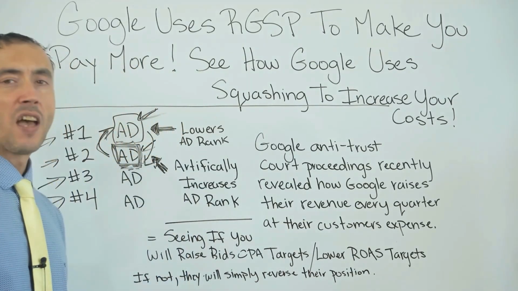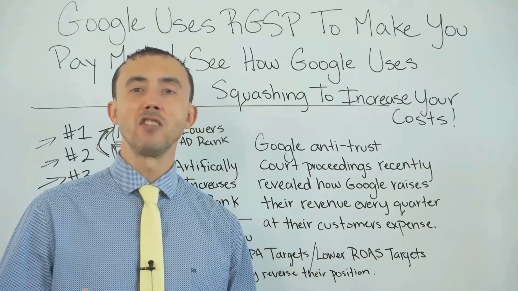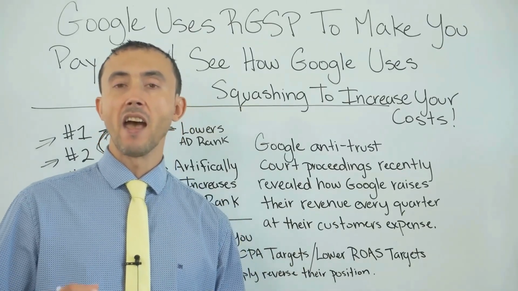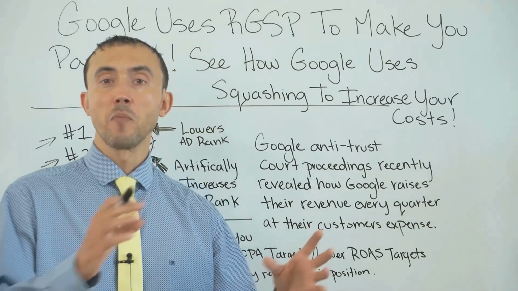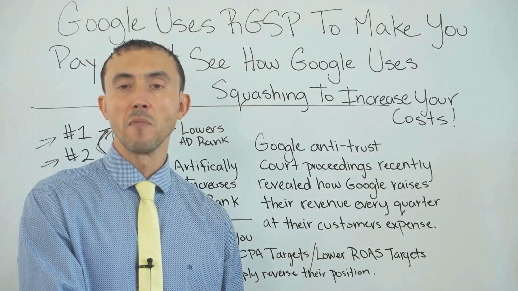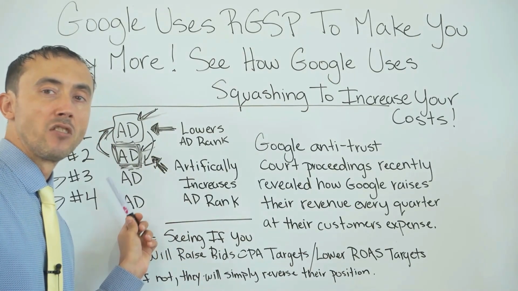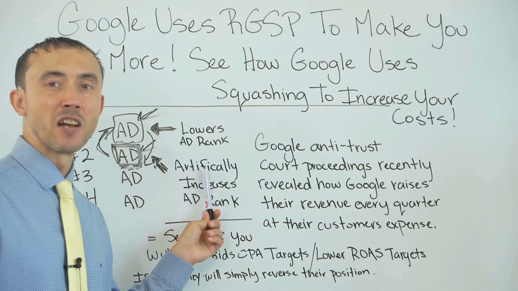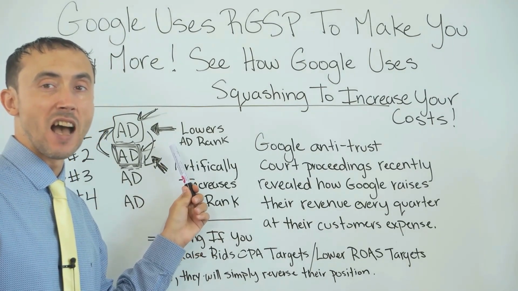So, with that said, if you're on Google's good side, they're not going to do as much to you. And when they're trying to get their revenue to go up for the next quarter, they're going to pick on the guys that they don't care about. And for that matter, there's 4 ads at the top of Google, by the way. In a competitive market, there are 10 other guys cycling in and out of these 4 ad spots. So there's a total of 14 guys.